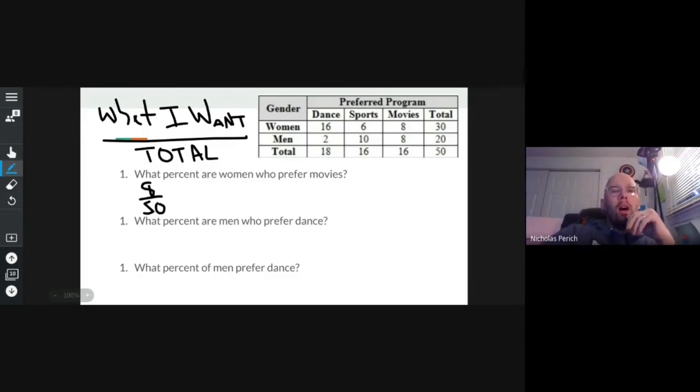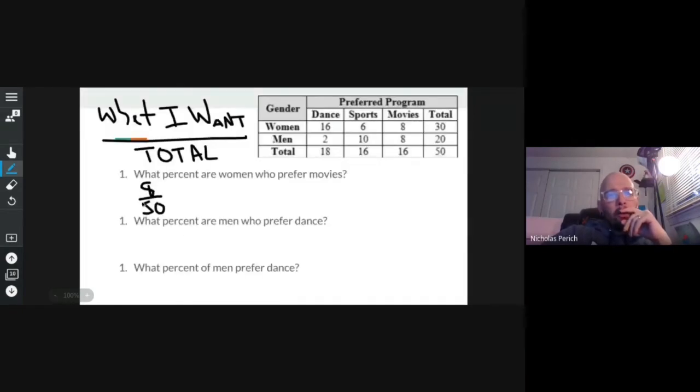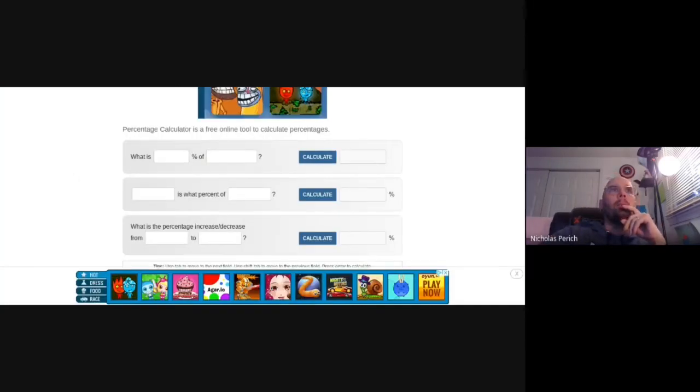I have 8 out of 50. I want to do the percent of 8 out of 50. So I go to my percentage calculator. Here it is. This is the link that everybody got.